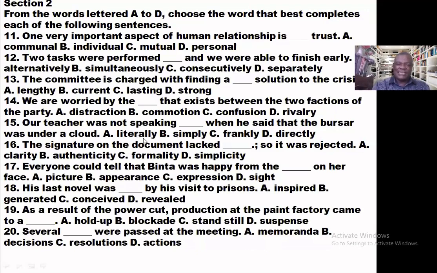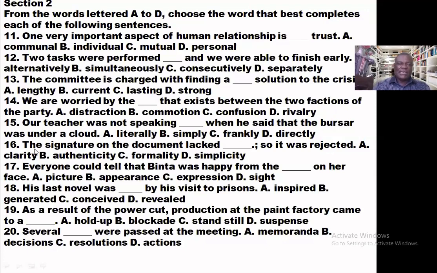So A is the answer, literally, because words have literal meaning, the direct meaning. Then you have connotative meaning or figurative meaning, if you like. So we can say our teacher was speaking figuratively or idiomatically.